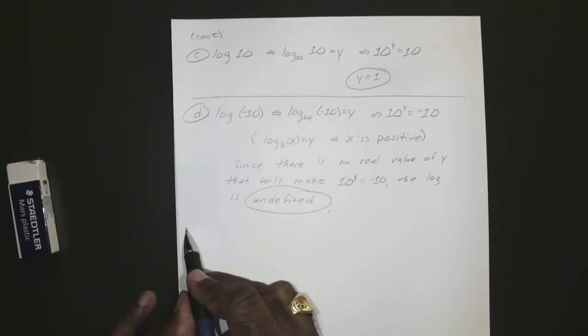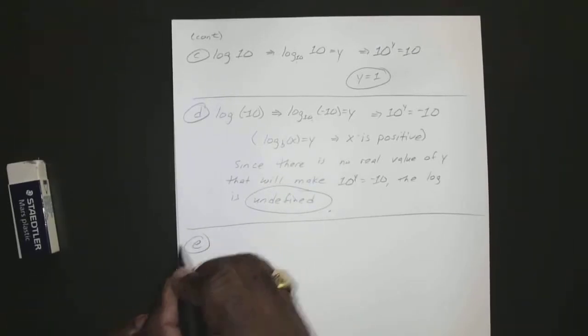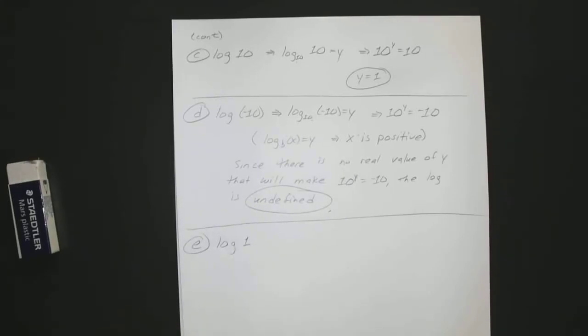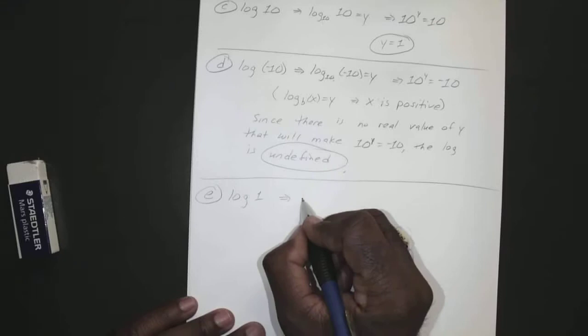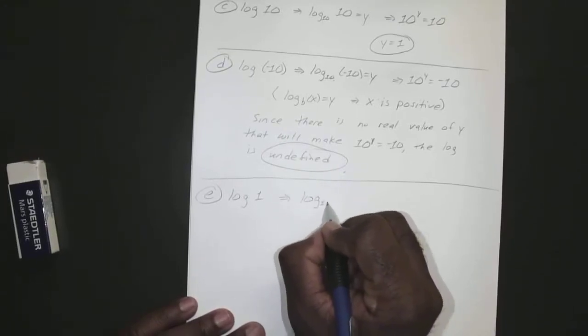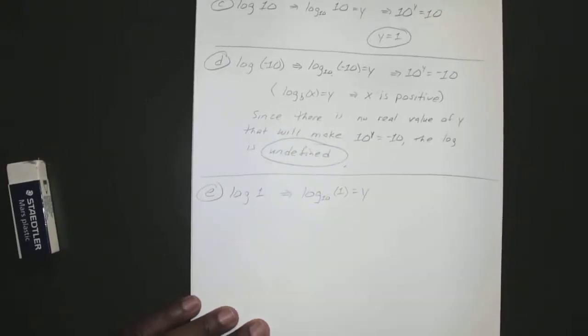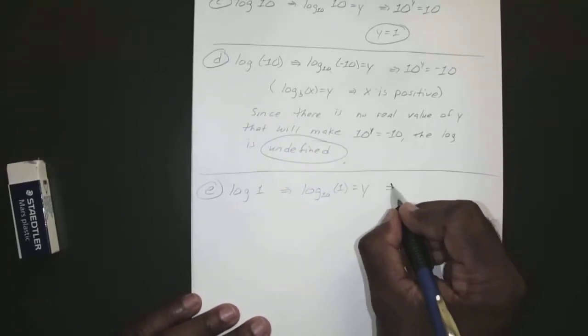No, okay. And for E, which was log of 1, you just rewrite that as log base 10 of 1 equals y. Okay, so 10 to the power of y equals 1.